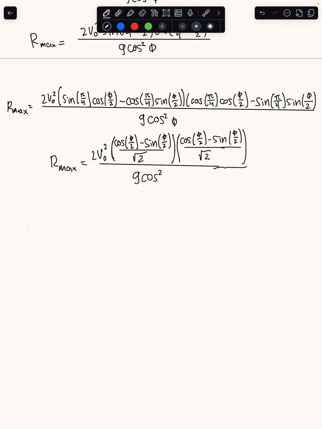And then, of course, g cosine squared phi in the new denominator.